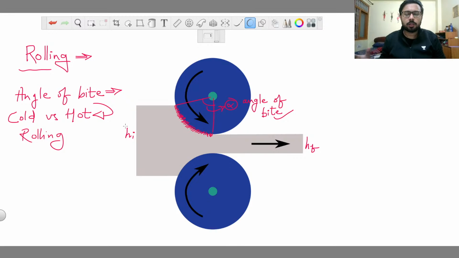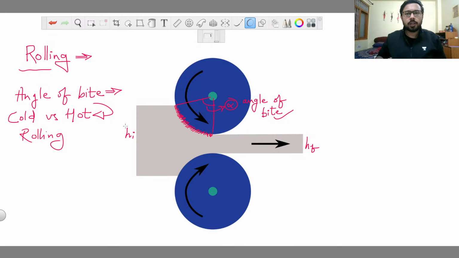So simply, the ability of this workpiece to be reduced by the forces applied by the rollers in the metal forming operation, that is rolling, will be decreased. In hot rolling this is not the case, because strain hardening will not be there.